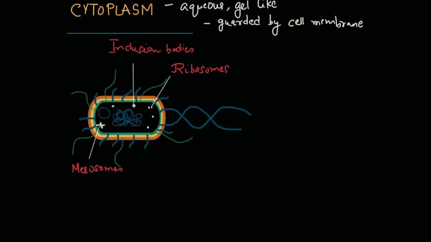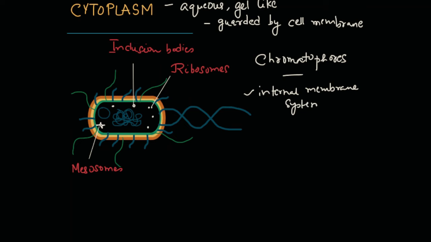Apart from the structures that we discussed in the prokaryotic cytoplasm, that is ribosomes, mesosomes and inclusion bodies, there is one more structure we should know about, that is chromatophores. Chromatophores are internal membrane system. They are found in purple as well as green photosynthetic bacteria.